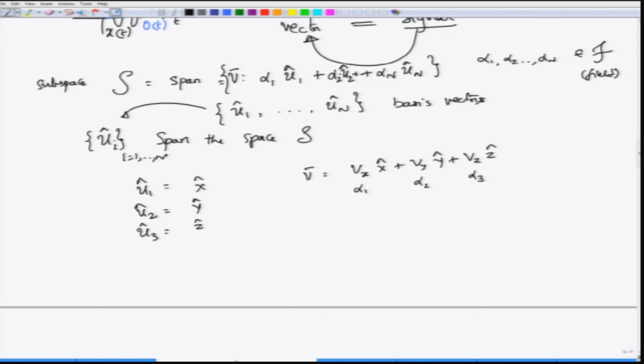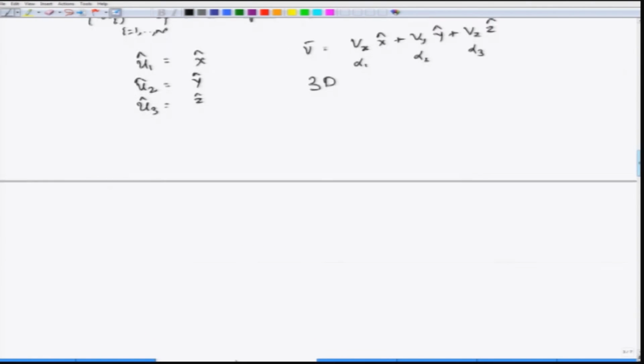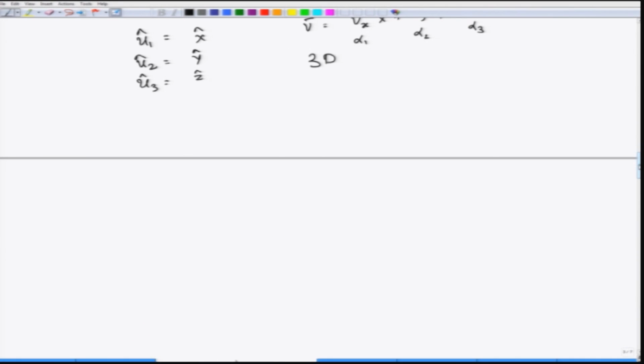Here vx is alpha 1, vy is alpha 2, and vz is alpha 3. And a collection of such vectors v forms the 3-dimensional coordinate space. The rectangular 3-dimensional space is spanned by these basis vectors. x hat, y hat and z hat become the basis vectors, because any other vector can be built up on the basis of these vectors.